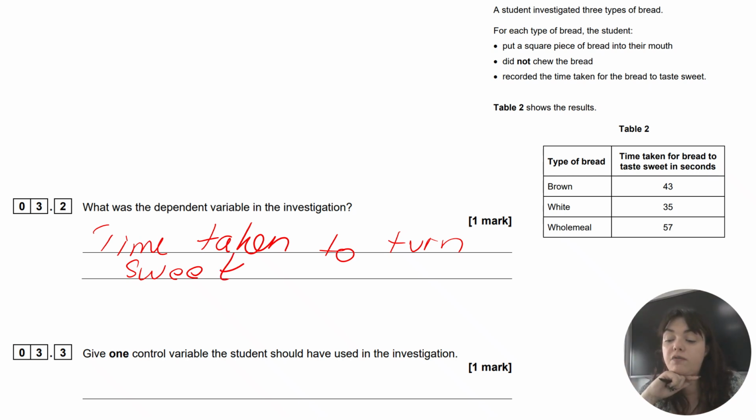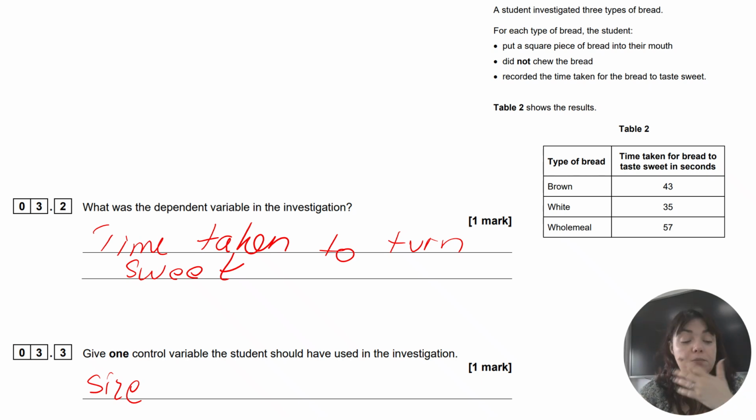Give 1 control variable the student should have used in this investigation. So this is what they needed to keep the same. Now, size or mass of bread, that's 1 mark. That's what I would have said. Size of piece of bread or the mass of bread. Amount of bread is allowed. I don't like it because it's not very scientific, but they're allowing it. I would prefer to see mass. The surface area of the bread is another one you could say.